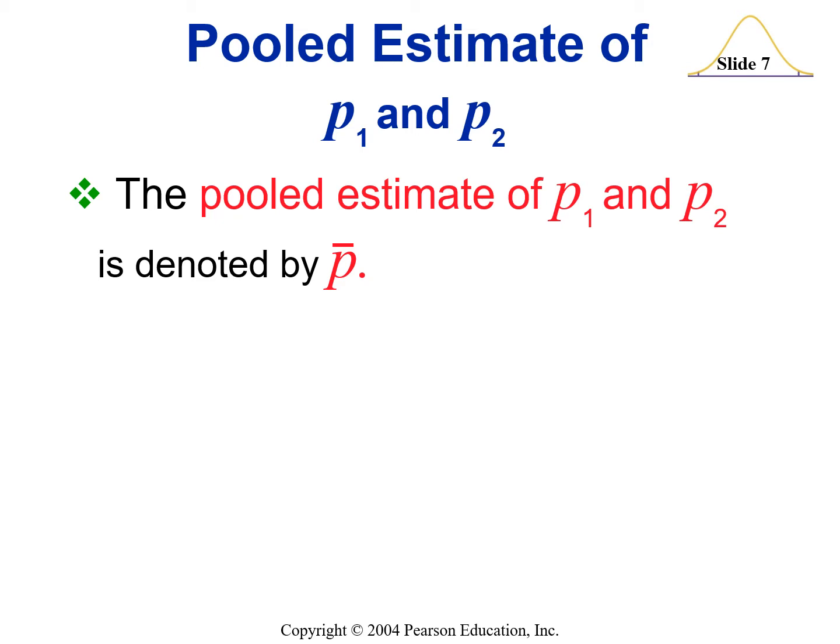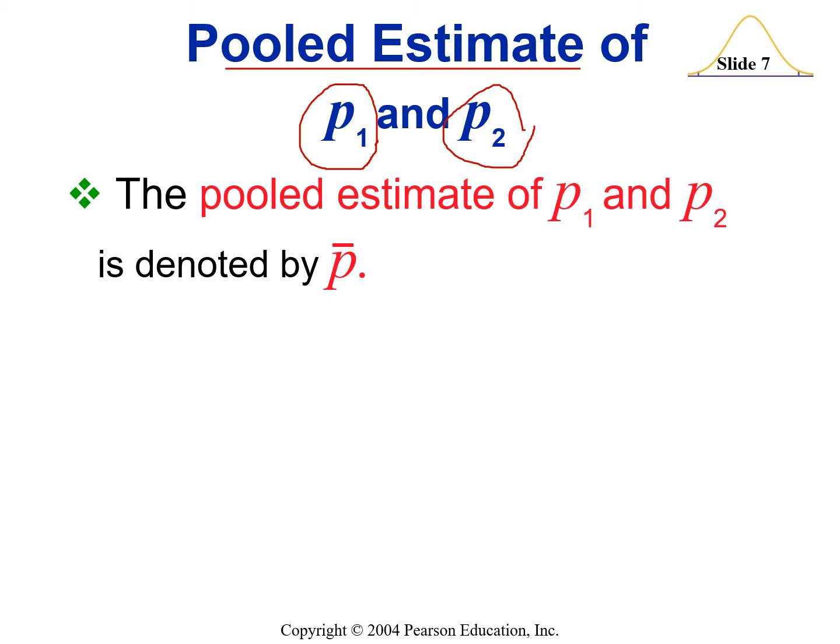Before conducting the test of two population proportions, we also need to know the concept of the pooled estimate of p1 and p2. p1 is the first population proportion and p2 is the second population proportion. We need a measure combining p1 and p2.